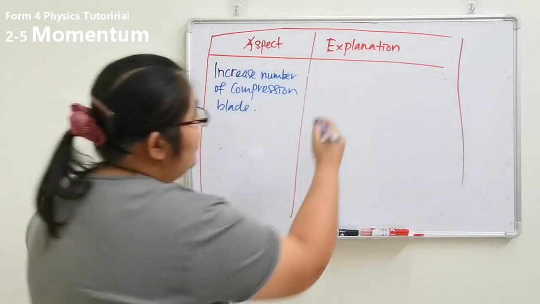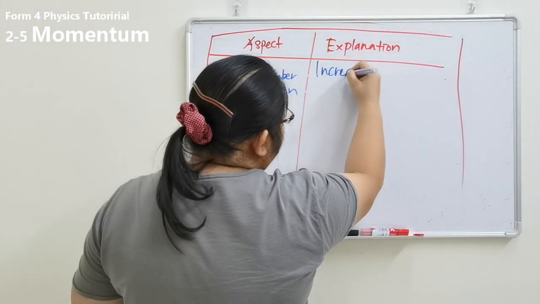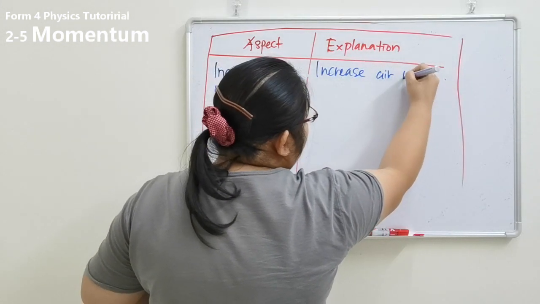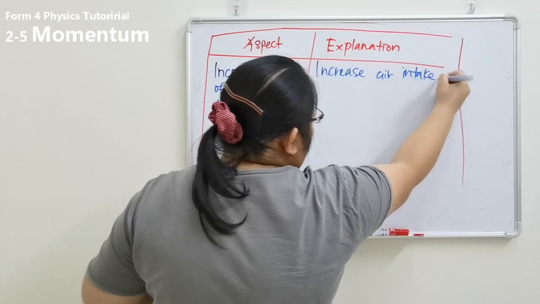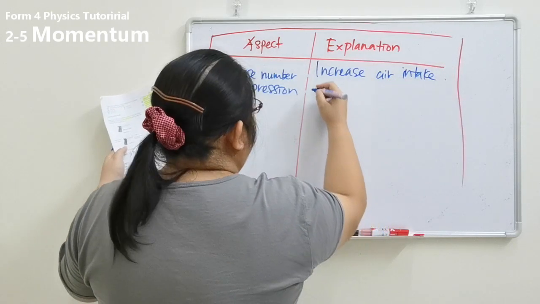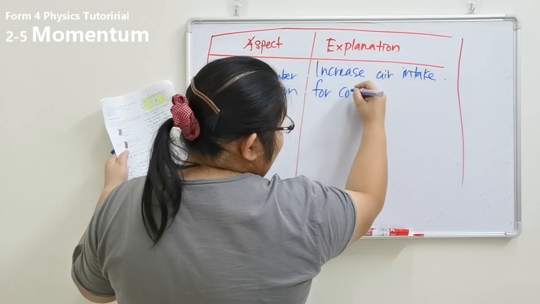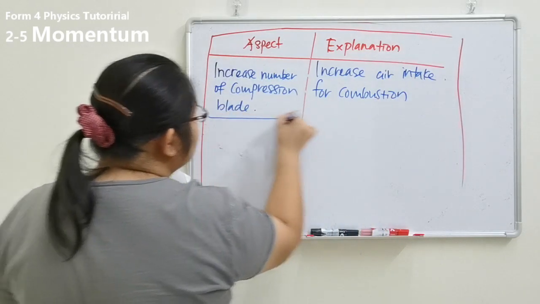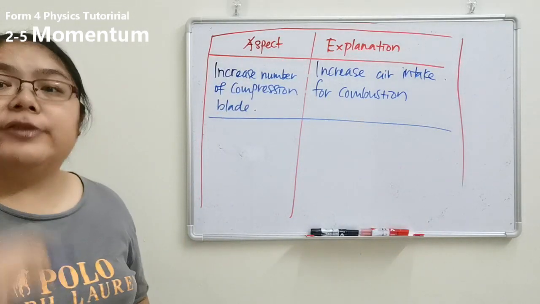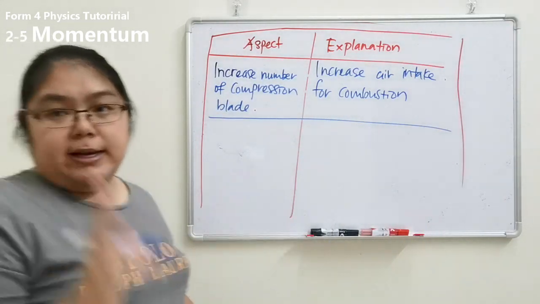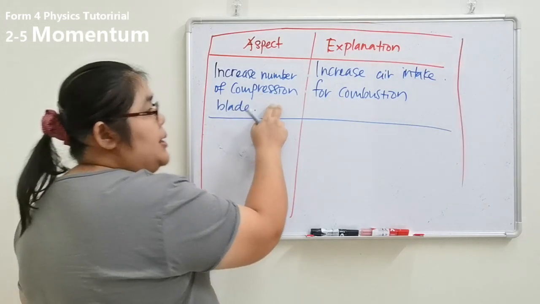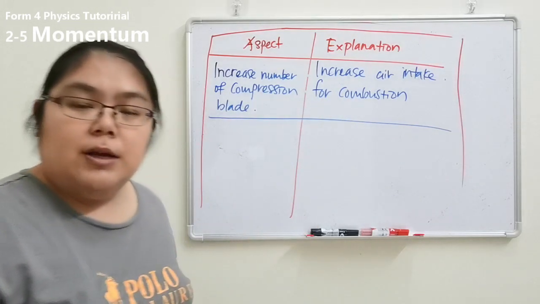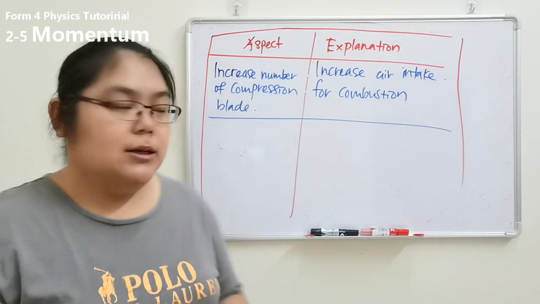The reason is I want to increase air intake. For what? For combustion. You want to burn. So this one is the first point, and we can get 2 marks. One is the aspect mark, number 2 is the explanation. But make sure your explanation must be correct.